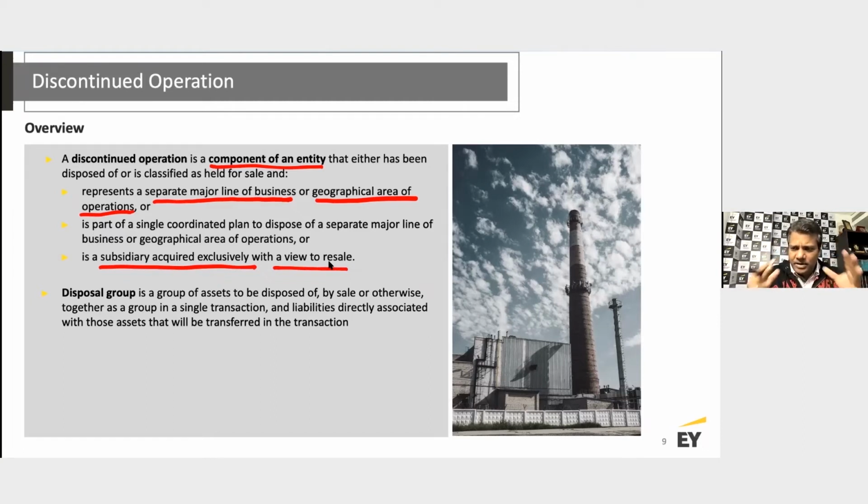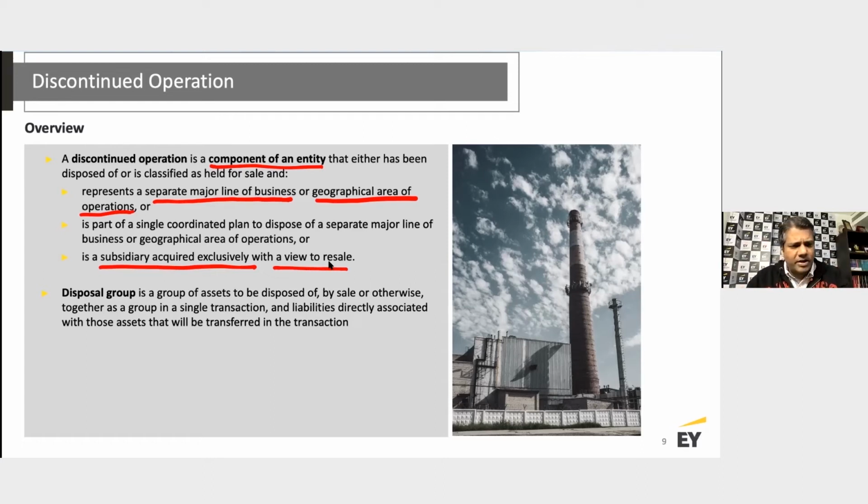It is a non-current asset which is held for sale, or a disposal group which is held for sale or is already disposed of, which represents a component of an entity of such size and nature that it's a separate major line of business or geographical area of operation, or is part of a single coordinated plan to dispose of one, or is a subsidiary acquired with a view to resell. That is what is called a discontinued operation.